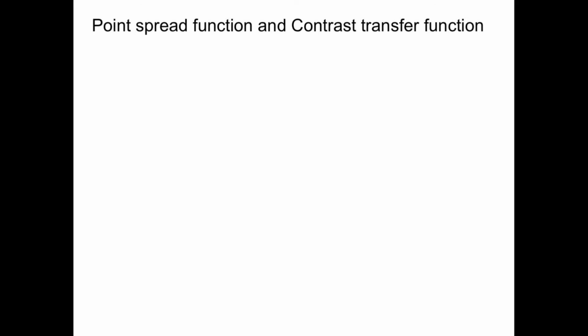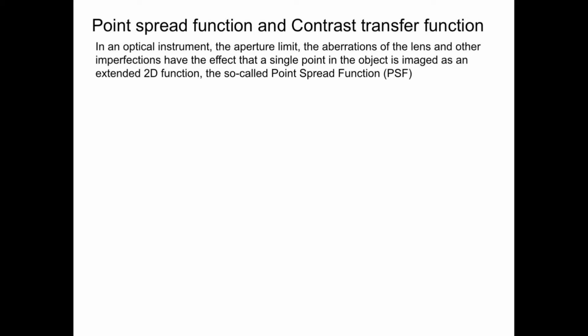Okay. Yes. So point spread function and contrast transfer function. So in an optical instrument, not just electron microscopy, but light microscopy, the aperture limit and the aberration of the lens and other imperfections all have the effect that a single point in the object is imaged not as a single point, but as some kind of a spread function, and that's called the point spread function.